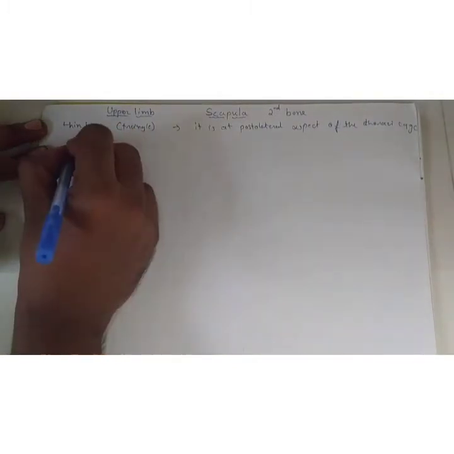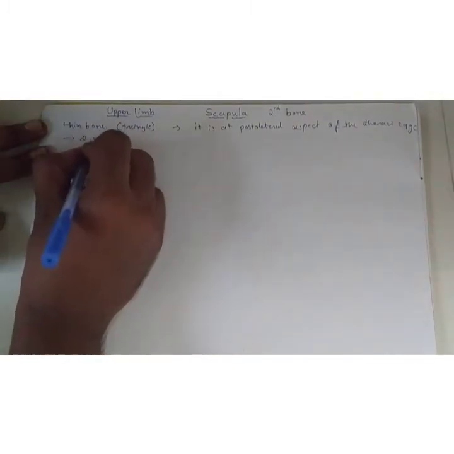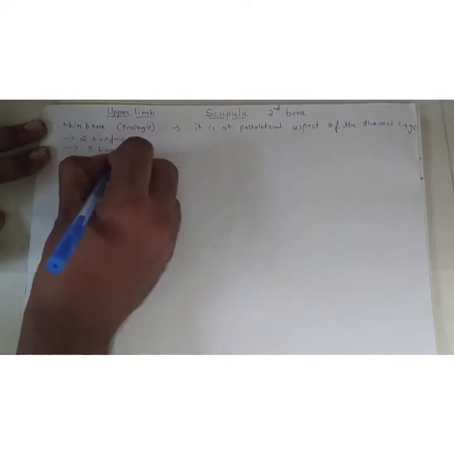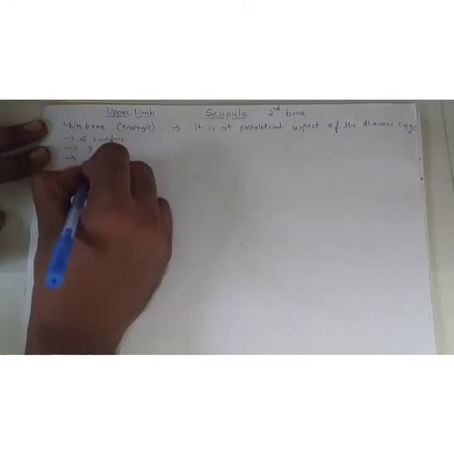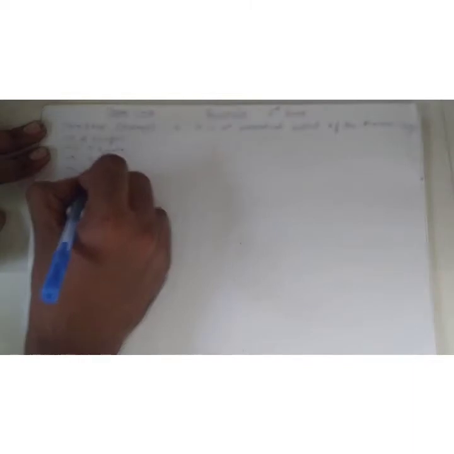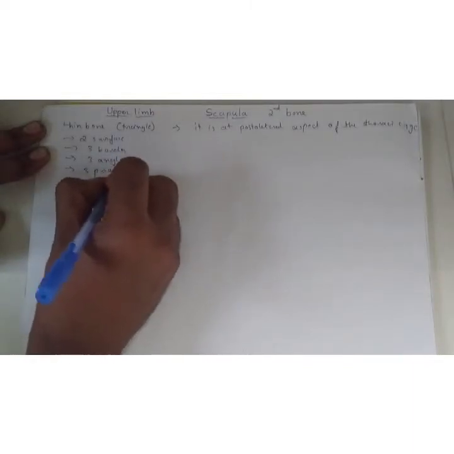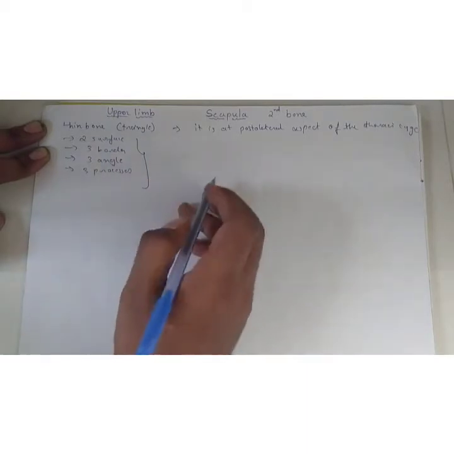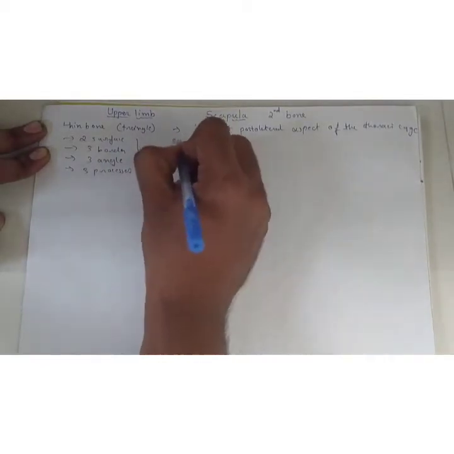It has two surfaces, three borders, three angles, and three processes. This is what is included in the scapula. So let's start with the surfaces.